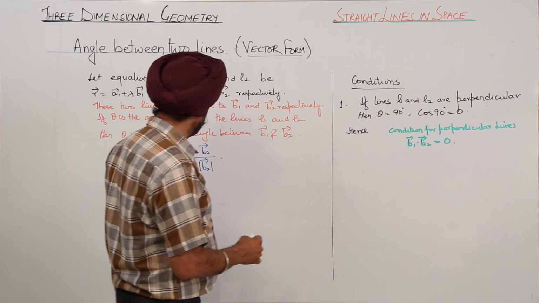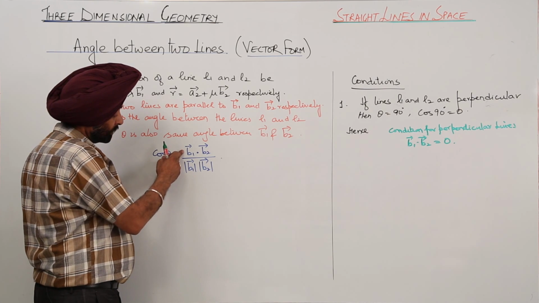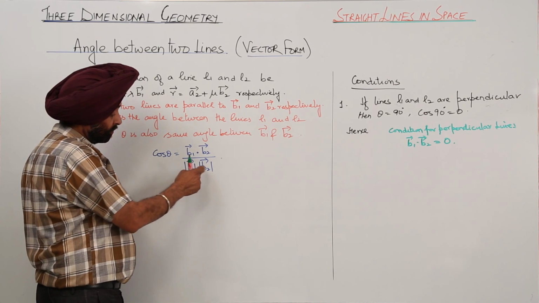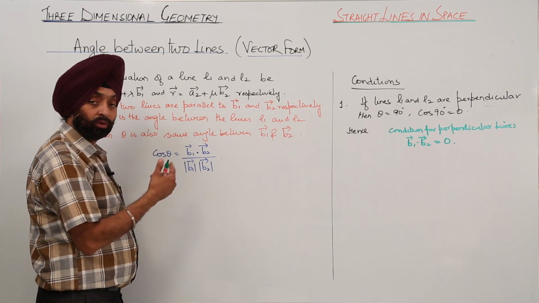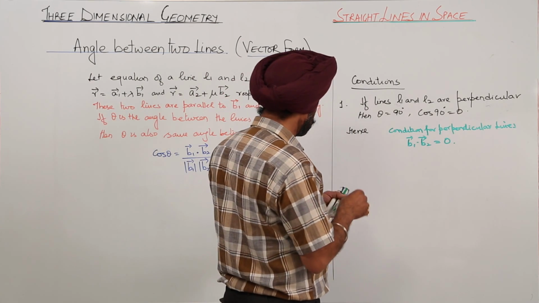First condition, because cos 90 degree is 0, so vector b1 dot vector b2 upon magnitude of vector b1 and vector b2 will be equating 0. So we are having vector b1 dot vector b2 is equal to 0.